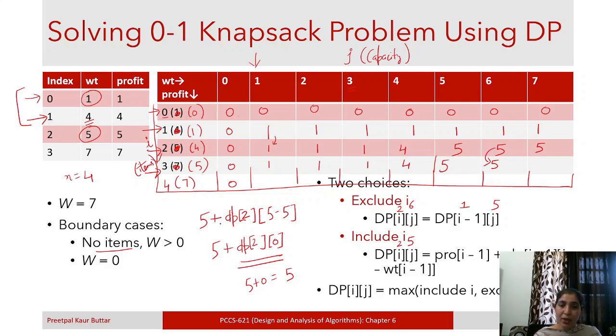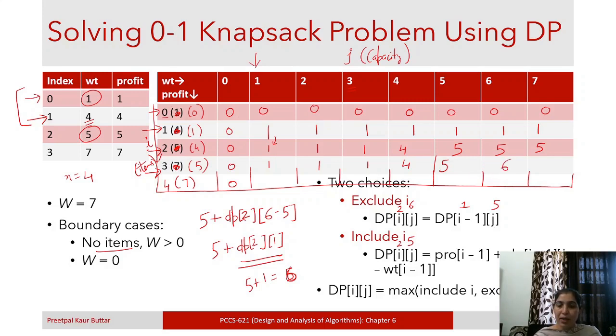When you include this item, the profit you can earn is the profit of this item plus the previous subproblem, that is dp2 with weight 6 minus 5, that is with weight 1. So 2 comma 1 is 1. Okay, so the profit you can earn is 6. So out of 5 and 6, the maximum is 6.